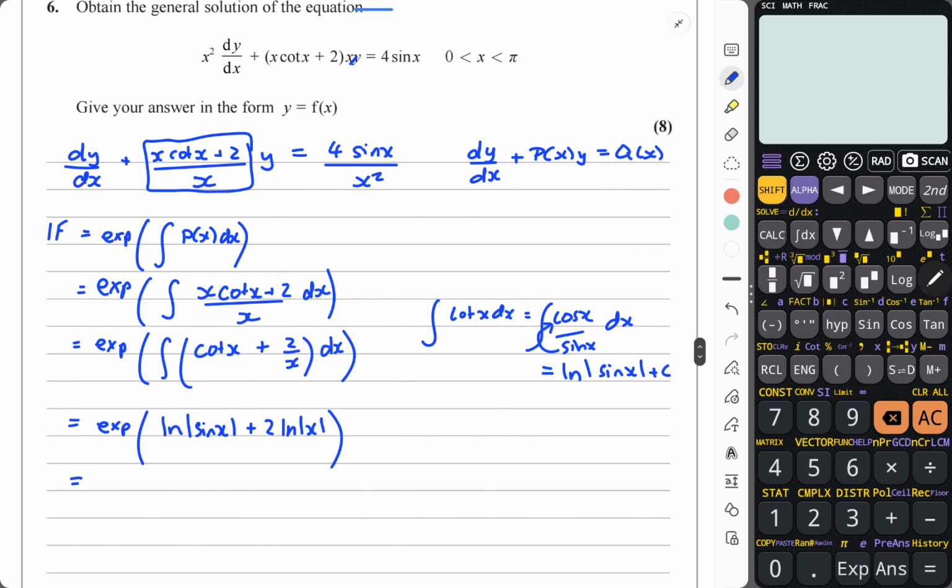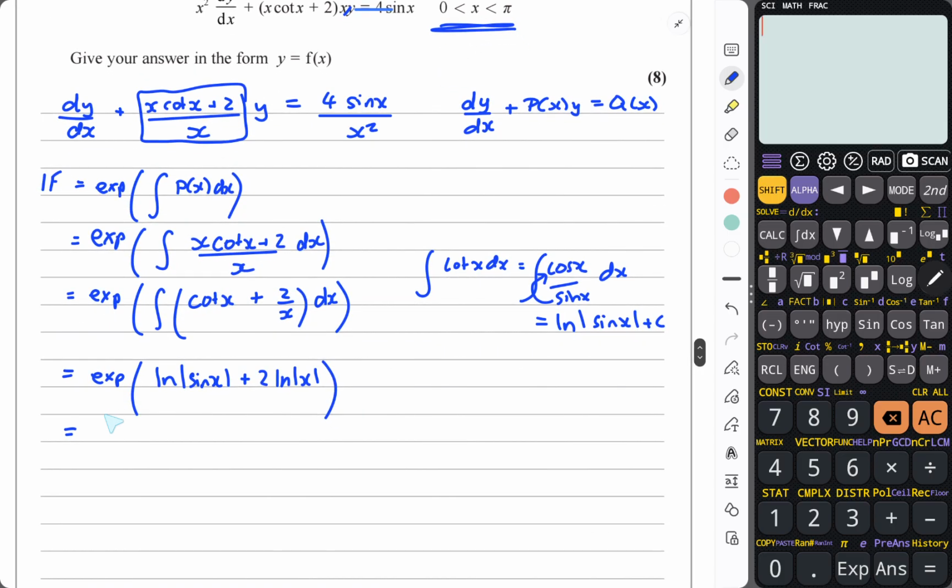The modulus here doesn't actually matter as well because we're told x is positive and less than pi. So I can write this as exponential of log, and then from our log rules, this is going to come up as x squared, and then we'll times these together, so I'd get x squared sine of x. So like I say, this is going to pop out to be x squared sine of x, because of the region that we've got, x between 0 and pi.